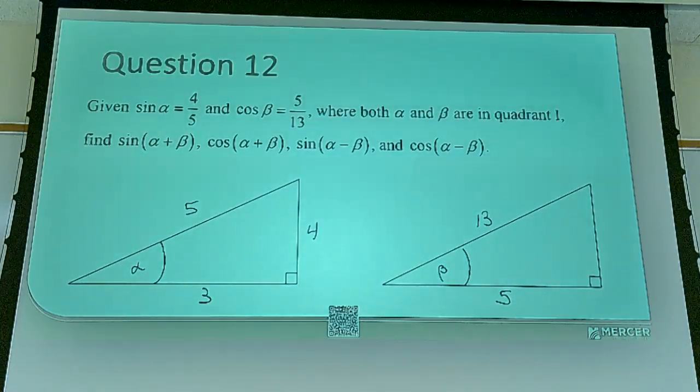What's 5 squared? 25. 169 minus 25 is 144. What's the square root of 144?